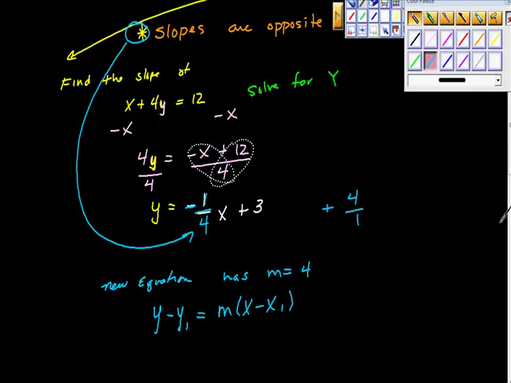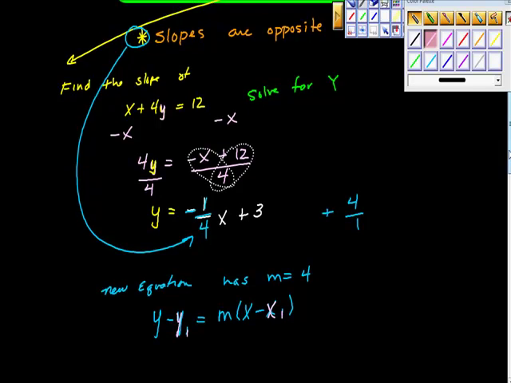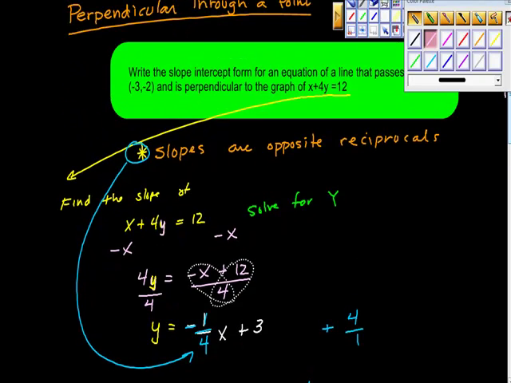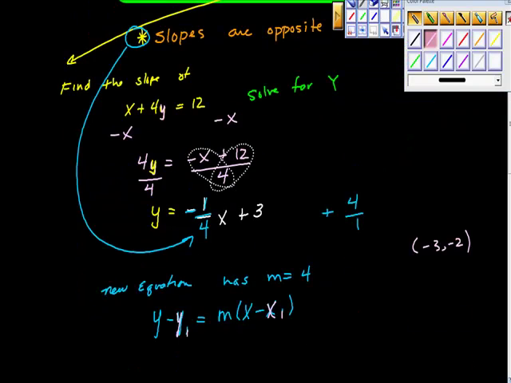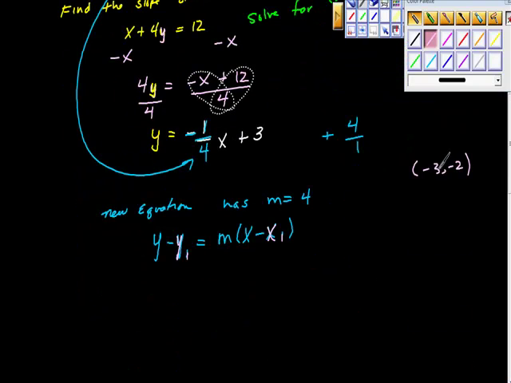Don't freak out, because they were nice enough to give us x sub 1 and y sub 1 up here. They gave us a point, -3, -2. So y sub 1 is -2, so I take this out and put in -2. x sub 1 is -3.